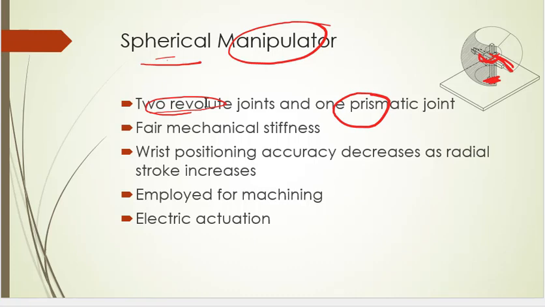The mechanical stiffness is fair. All are the same with some differences, but the main difference is in the joints, depending on where we want to use it and which shape we want to provide. For that reason we have to select which type of joint to use.